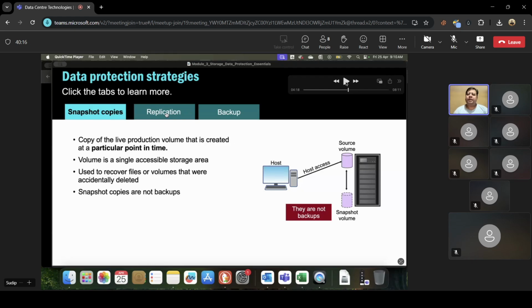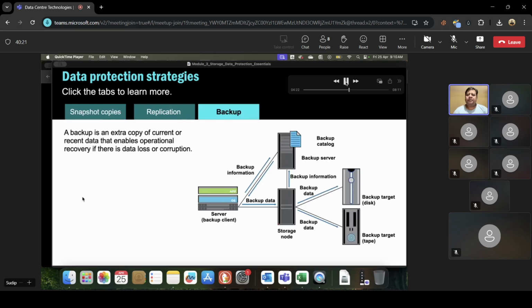But when we go to the next technology, this technology is like taking a video and keeping that video somewhere else, not on that same storage system, sometimes in tapes also, in a different storage medium altogether. As you can see in the diagram here, backup is a completely additional copy, like a video.